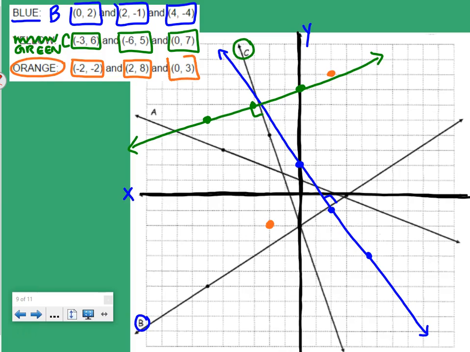And then 0, 3: we start in the middle of our graph and then go up 3. Connect those points with a straight line. And then if we look, that crosses line A at a nice perpendicular. So I'm going to put line A next to the orange line.